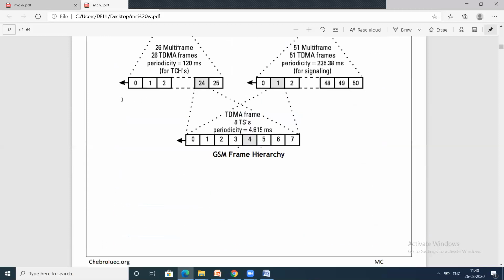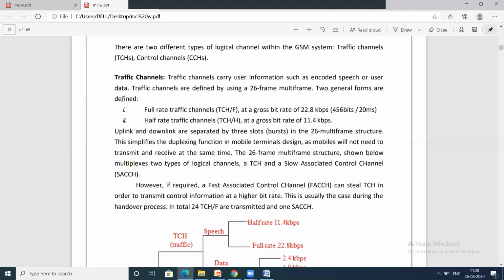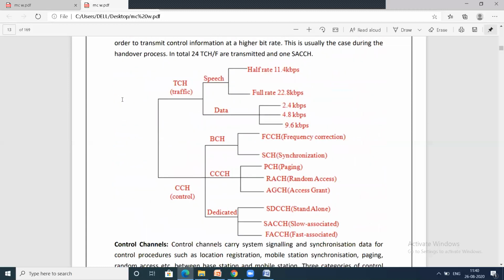I will show you this diagram again. Further, the logical channels are divided into two categories. First one is traffic channels, second one is control channels or signaling channels.